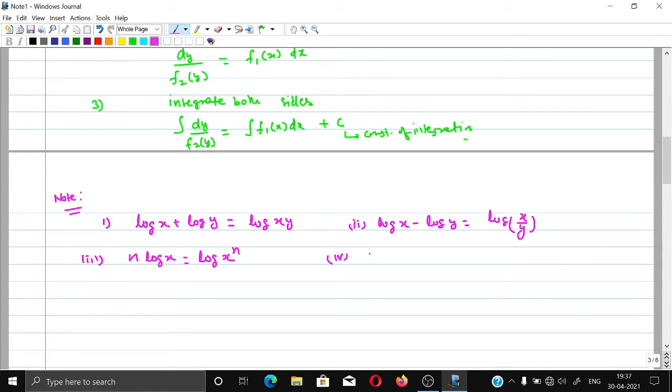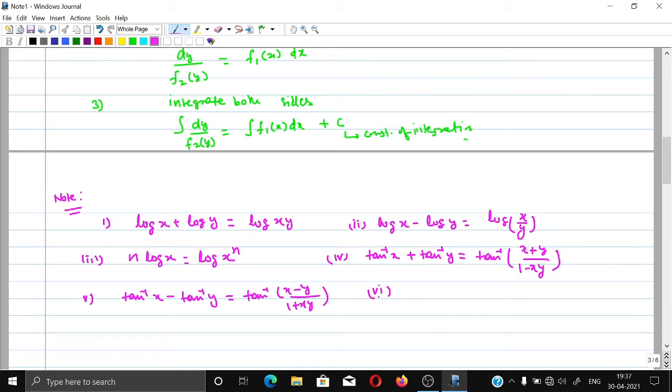Our fourth identity is tan inverse x plus tan inverse y equal to tan inverse of (x plus y) upon (1 minus xy). Our fifth identity is tan inverse x minus tan inverse y equal to tan inverse of (x minus y) upon (1 plus xy).